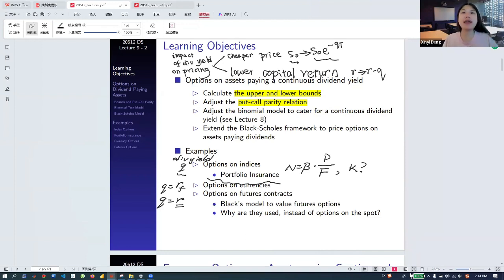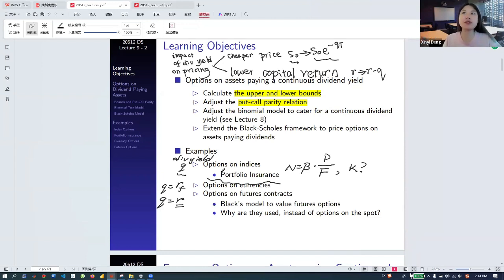For options on currencies, by the way, in this lecture we are expressing the dividend yield as q. Obviously for a stock index, q is q. Then for options on currencies, recall that we have two interest rates.